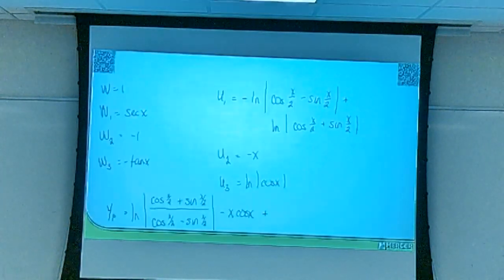Plus U3 times Y3. That's your particular solution. And then your general solution is the sum of the two. Right, your complementary plus your particular.